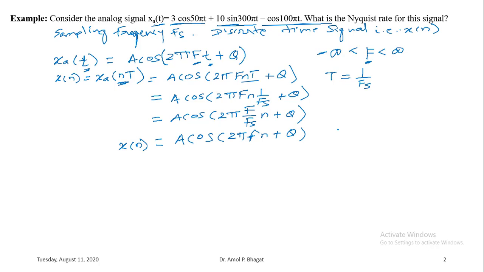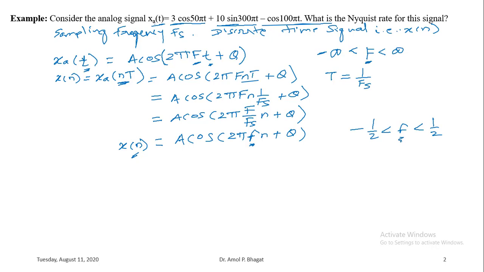And the frequency range for this small f, that is the frequency of this discrete time signal x of n, is between -1/2 less than small f less than 1/2.